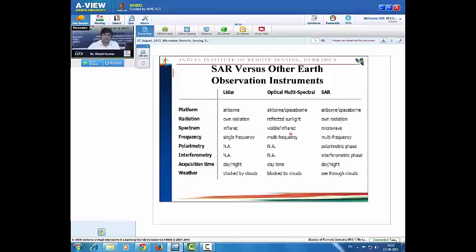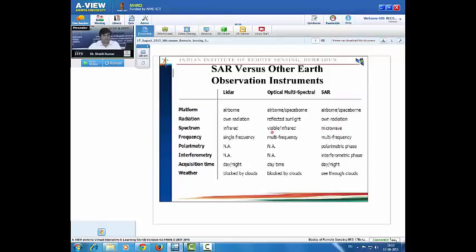Regarding radiation, LIDAR is an example of an active sensor, so it can generate its own radiation. Optical multispectral sensors are passive, basically dependent on reflected sunlight, and SAR is an active sensor that can generate its own radiation. Now, spectrum means the portion of the electromagnetic spectrum. LIDAR uses the infrared region, optical uses visible and near infrared, and SAR uses the microwave region.